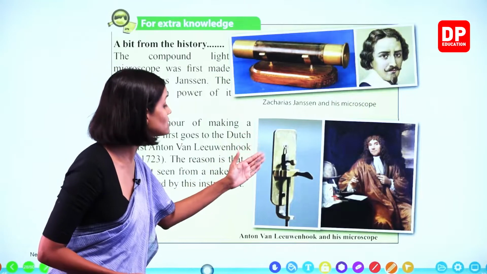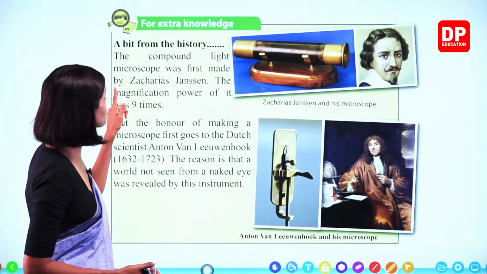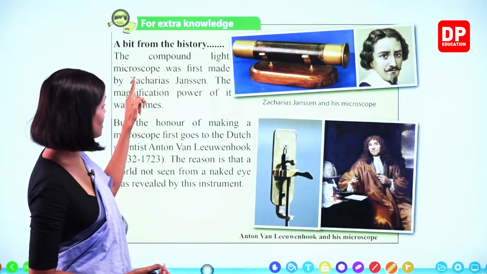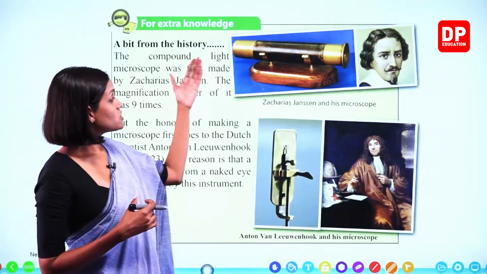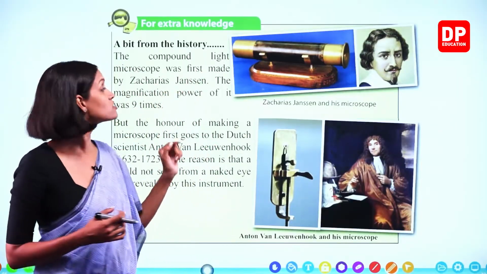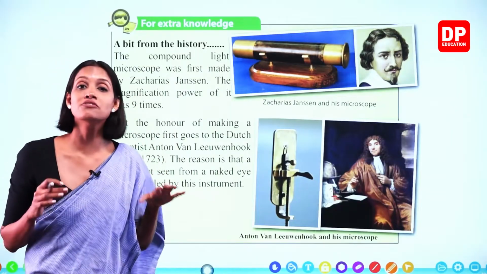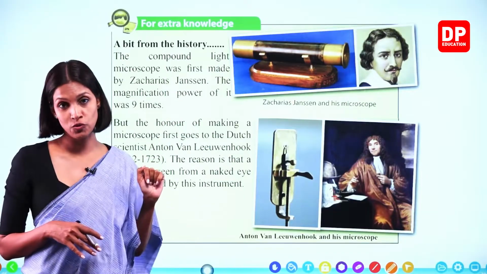This was a developed type of microscope. Now when you look at the magnification power of the microscope made by Zacharias Janssen, it was only 9 times. So even though he introduced the microscope for the first time, because of the low magnification power, it was not possible to observe microorganisms using this microscope.